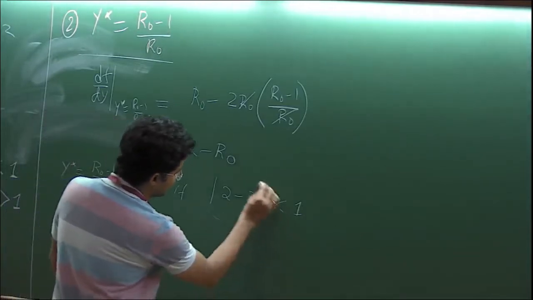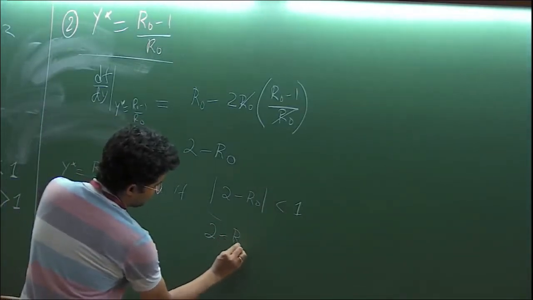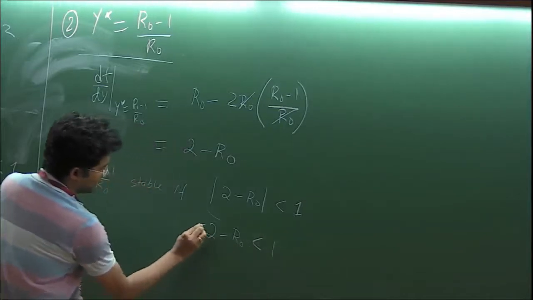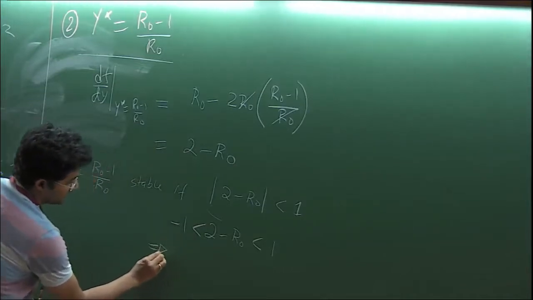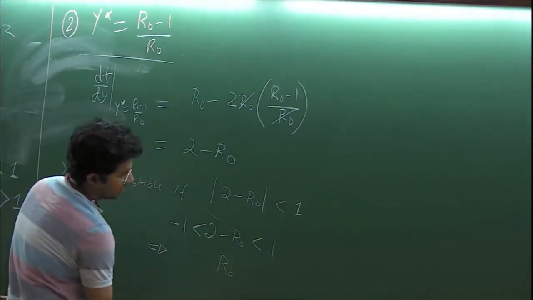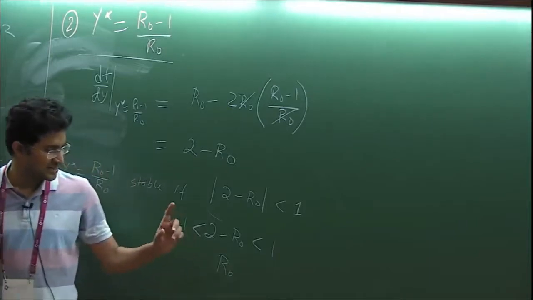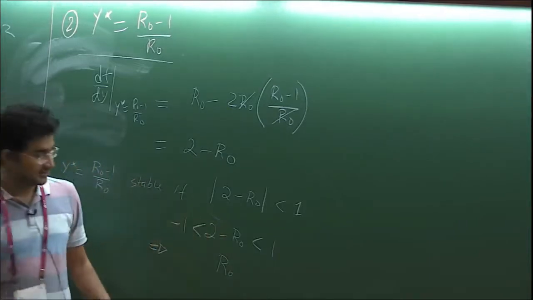Which basically means that this 2 minus R0 must lie between 1 and minus 1. A little bit of very simple algebra. What do you get? R0. So basically you have to do two things here. You have to change the sign and subtract a few things.